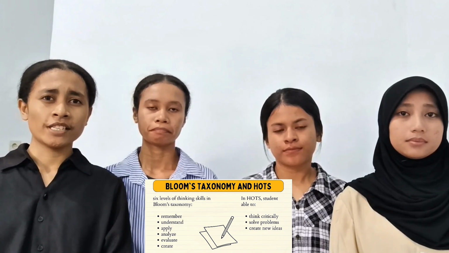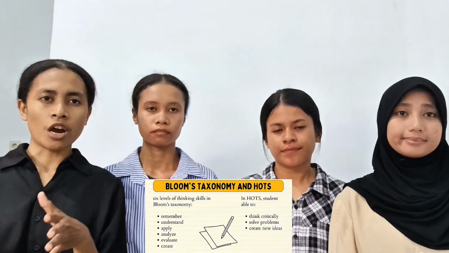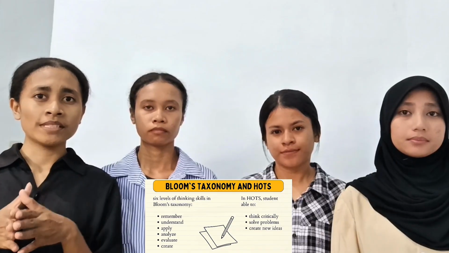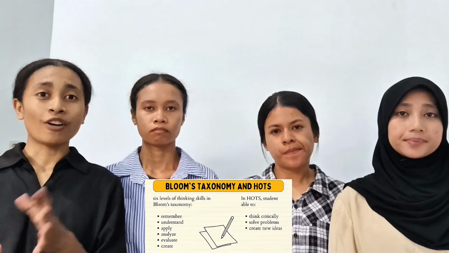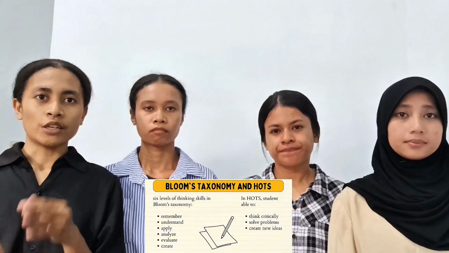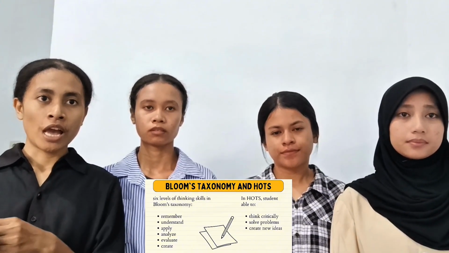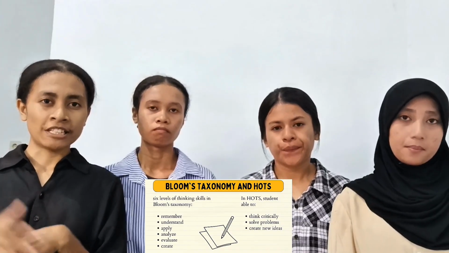This means students are not only memorizing the material, but they are also able to think critically, solve problems, and create new ideas. For example, in learning vocabulary, students first remember the names of fruits, then understand their meanings, and use the words in sentences.